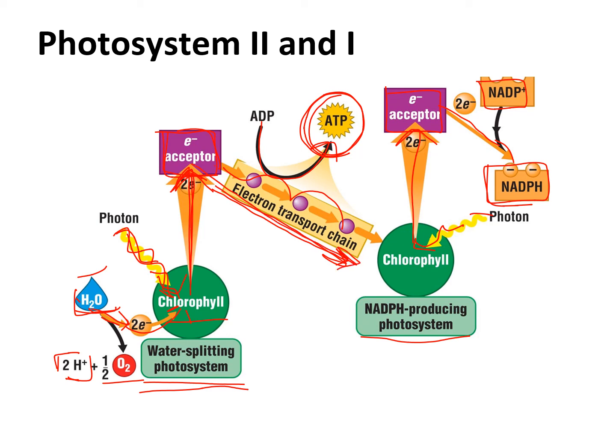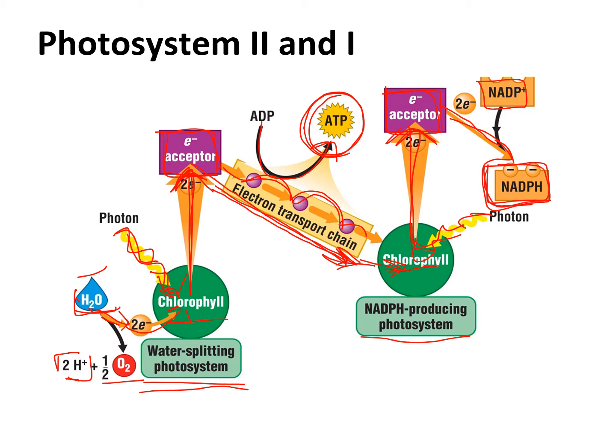After the electron transport chain, those low energy electrons, because they lost energy as they're transported down, are transferred to photosystem 1. And so now those electrons replace the electrons in photosystem 1 that are being excited by the photons, leaving the pigments, going to the electron acceptor, and eventually ending up in an NADPH molecule.